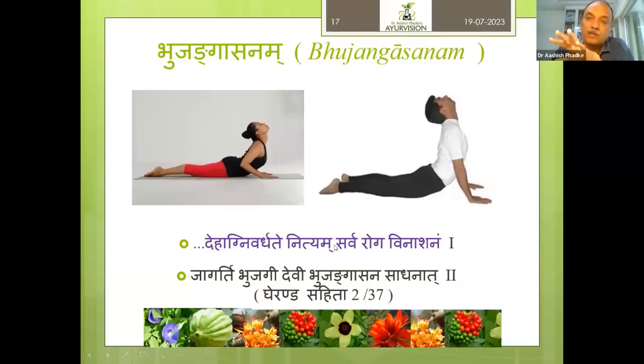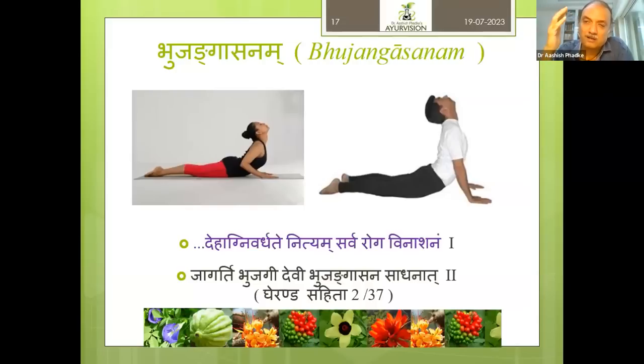Dehagni Vardhate Nityam. So the Agni, the Jatharagni, which I just now explained a few minutes back, is getting ignited to its max, and because it is at max, it will have a proper effect on the metabolism.